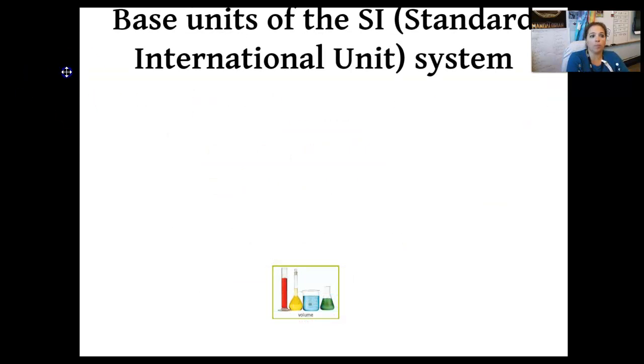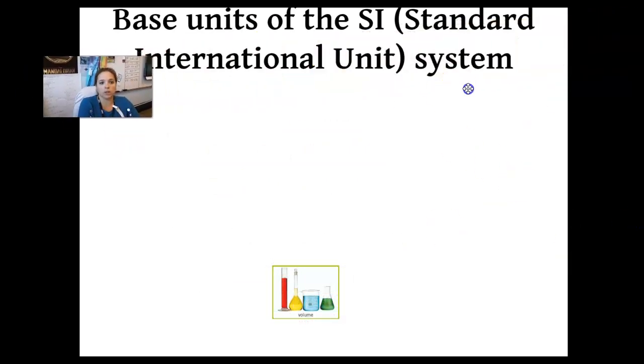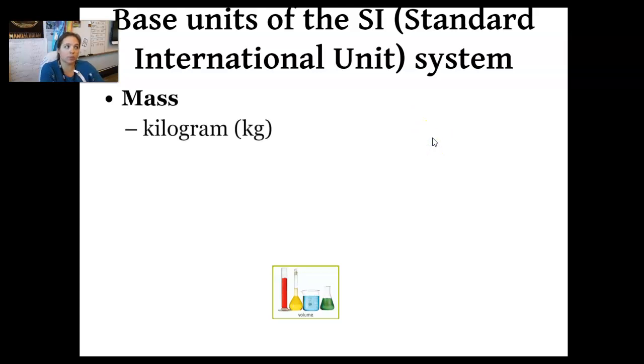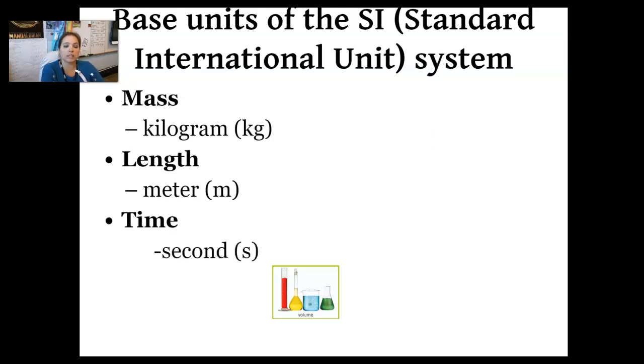And okay, so the base, I lost my face again. There we go. The base units of the SI, or Standard International Unit System, are mass, which is typically in kilograms, length, which is in meters, time, which is in seconds.